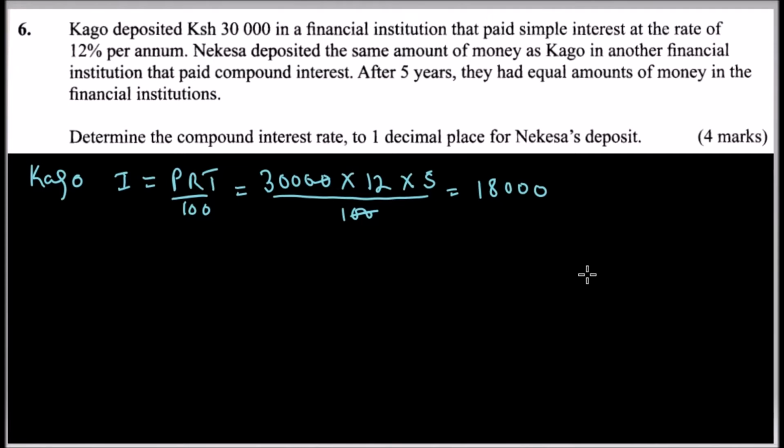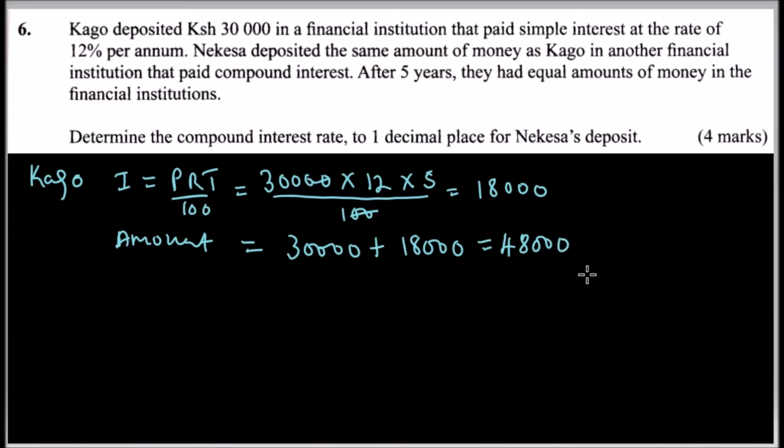So it means after 5 years, his amount in the financial institution was 30,000, which was the deposit, added to 18,000, the interest earned after 5 years, which equals 48,000.